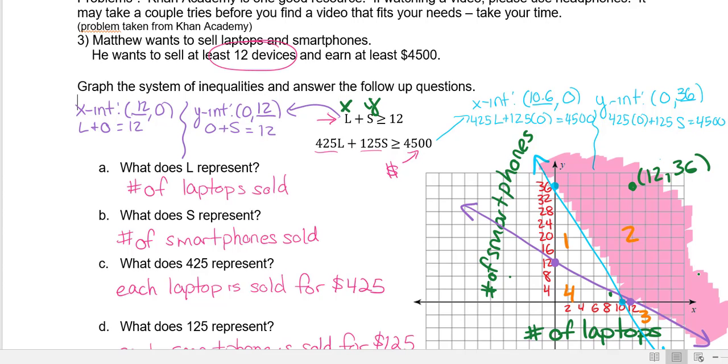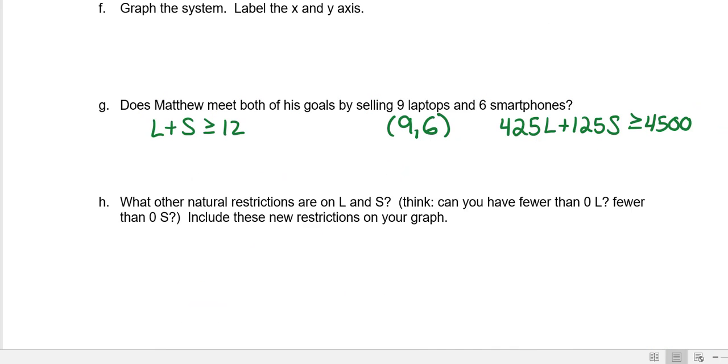But we always could double check our answer by plugging those numbers into our equation. Let's try. So I have my inequalities. I just wrote them out so we can remember them. And I know that 9 plus 6, when I plug it into my first inequality, is going to get me a true statement. 15 is greater than 25. So it meets the criteria for the number of devices that I want to sell, but I need to double check that it meets the criteria for my price.